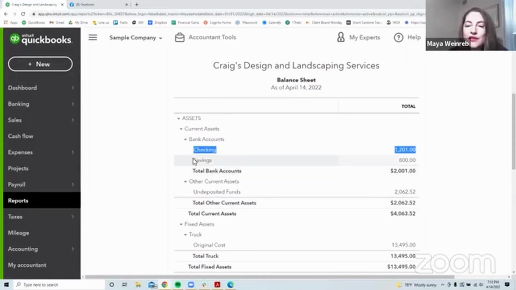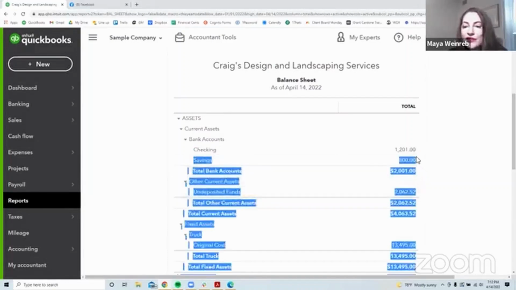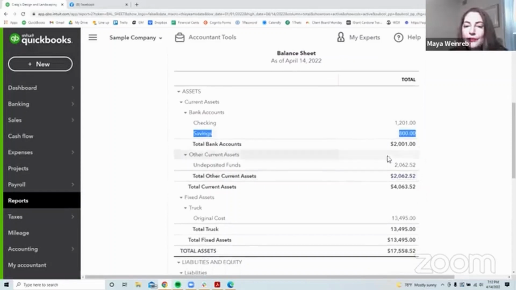So you've got your balance in your checking account, your balance in your savings account. And then you've got this account called undeposited funds. Now, what that means is money that you received that you haven't deposited in the bank account yet, right? So it's very self-explanatory. Undeposited funds, like you have checks in your hand that you're holding that aren't in the bank account yet, or maybe you ran credit cards and you haven't received that money yet because the credit card company takes 2 or 3 days to get you the money.